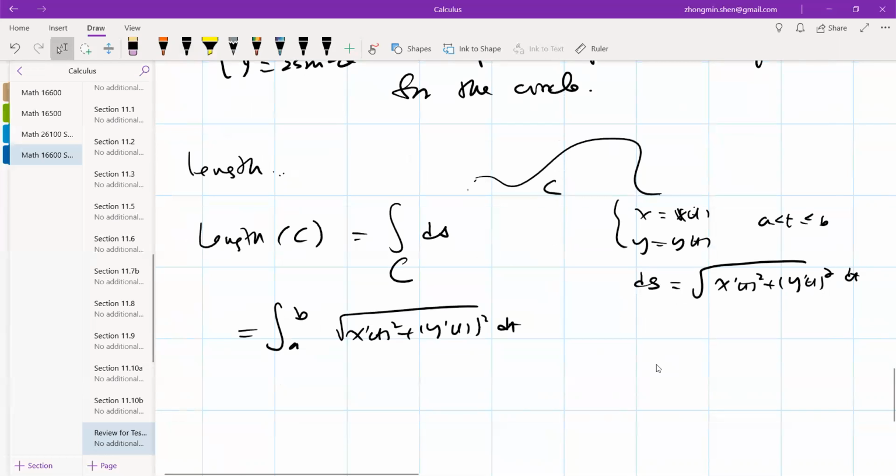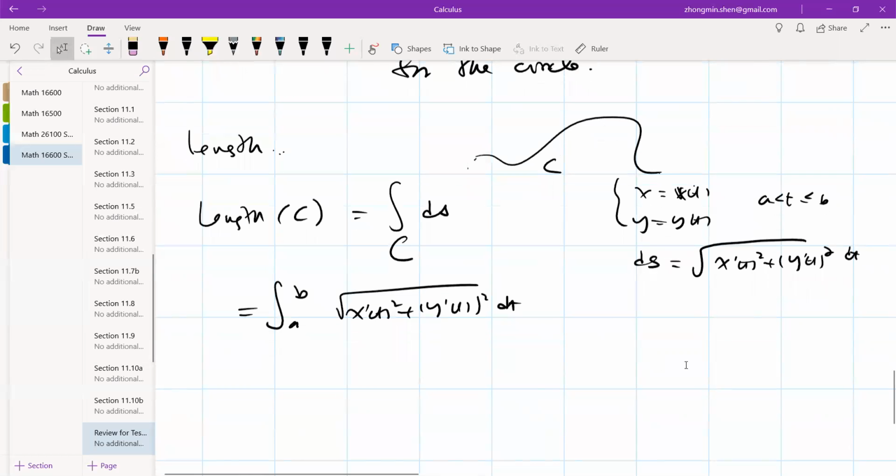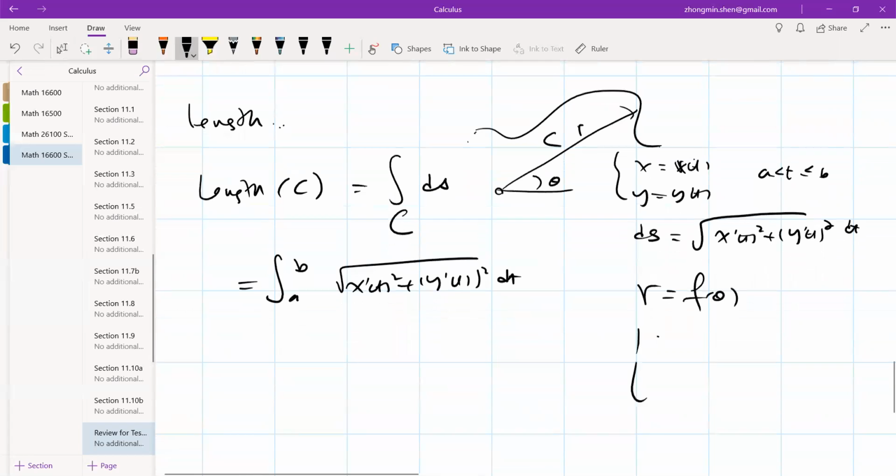All right. So now, if you are not given parametric equations, if you are given a polar equation, r equals f of theta, that means you get x equals f of theta cosine theta, y equals f of theta sine theta, right?